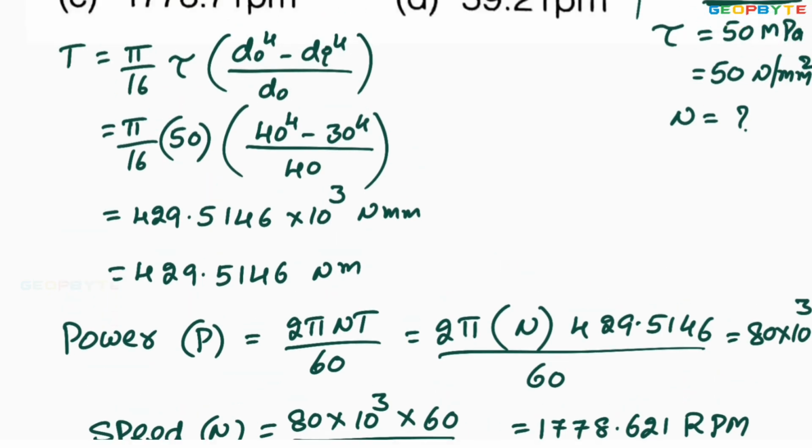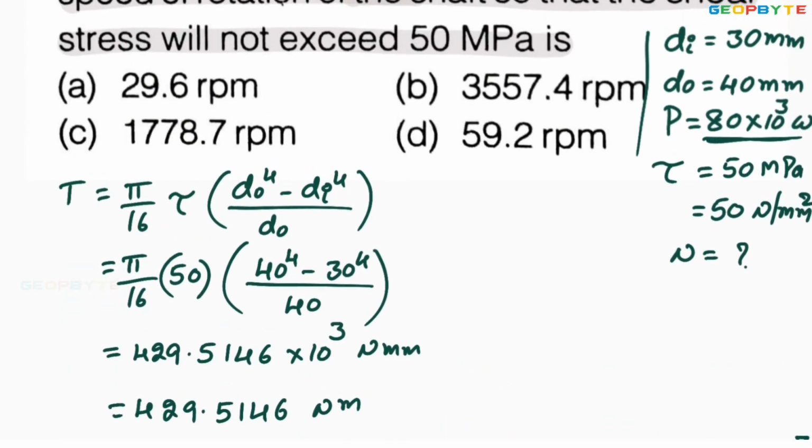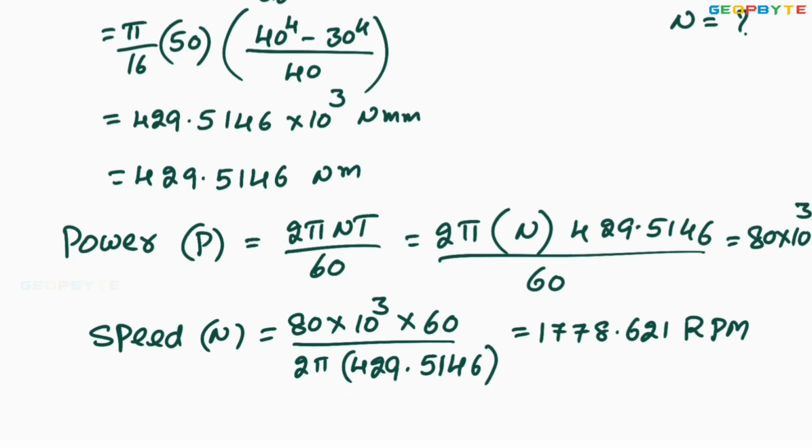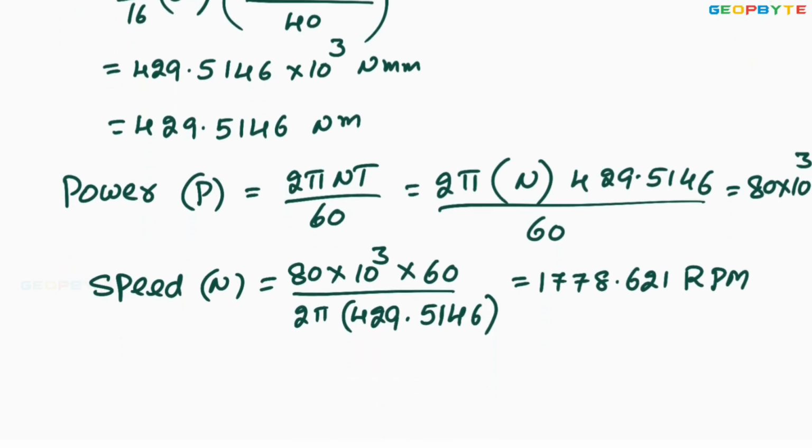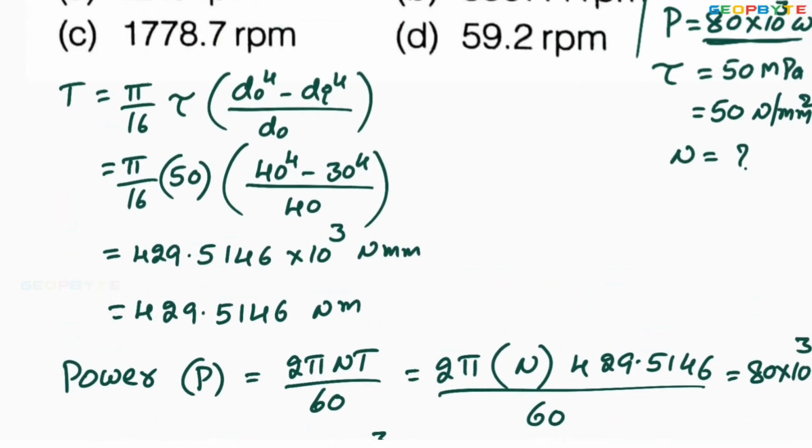Options are given in RPM only. Anyhow, if it is asked in RPS, dear friends, you divide it by 60. Anyhow, the speed is 1778.621 RPM.